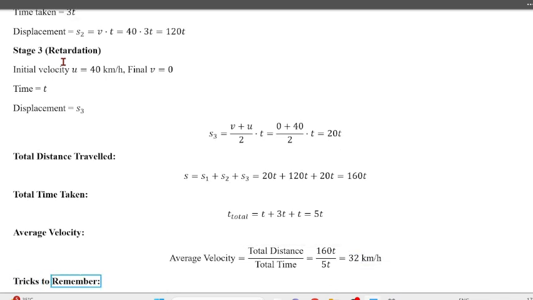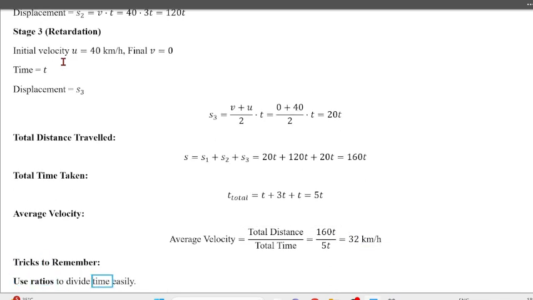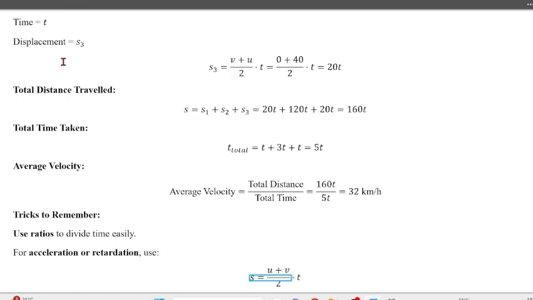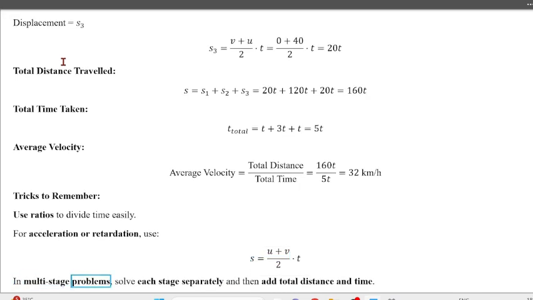Tricks to remember: use ratios to divide time easily. For acceleration or retardation, use s equals (u plus v) over 2 times t. In multi-stage problems, solve each stage separately and then add total distance and time.